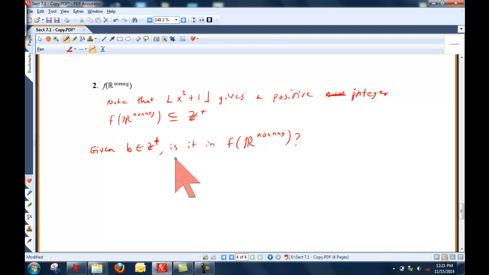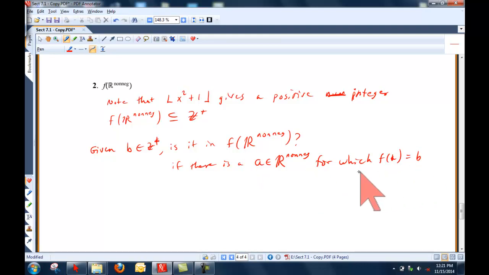Well, another way to say this is, is it in the range? It is in the range if there is an integer, say a, in r non-negative, for which f of a equals b. This is what it means to be in the range.